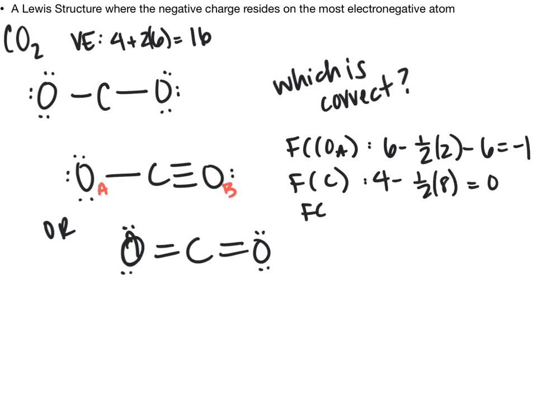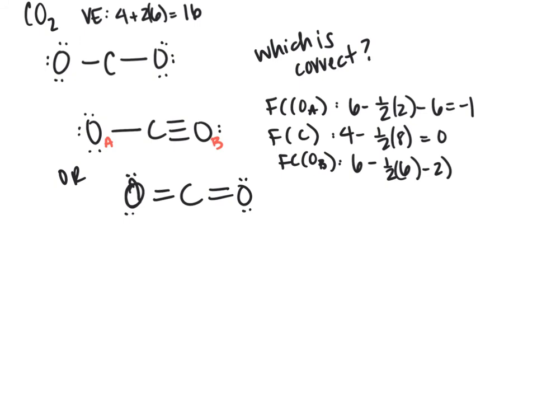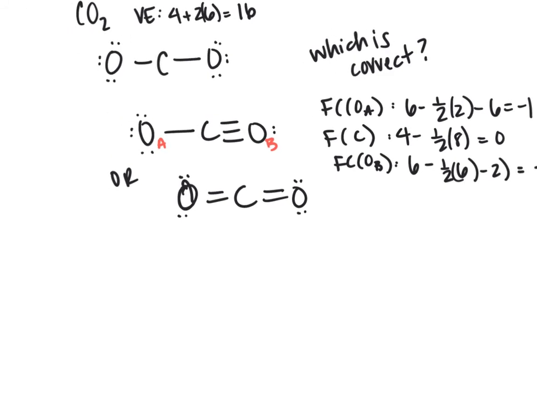The formal charge of OB will again be 6 minus half of 6 minus 2, which gives us a charge of plus 1. So we end up with a neutral molecule, but we have a plus charge here and a negative charge here.